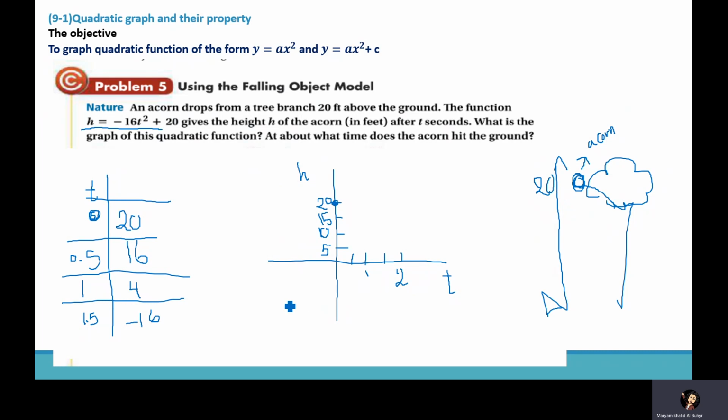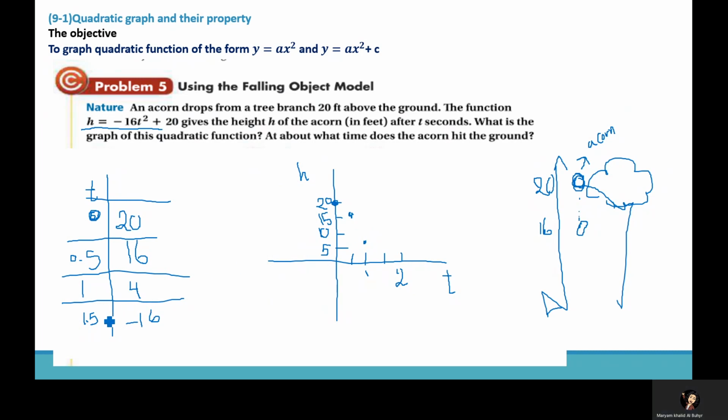Then after half a minute, the height is 16, so it will move here. Then after 1 minute, it will be close to the earth, and the height will be 4.